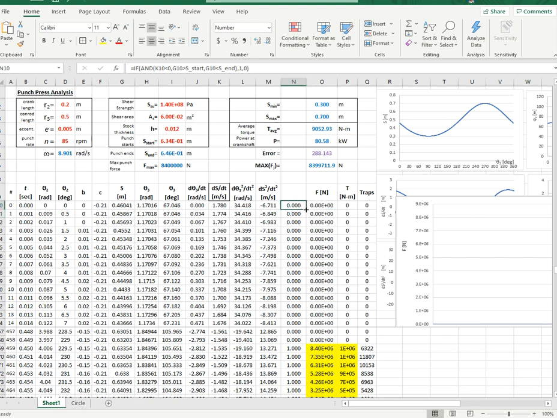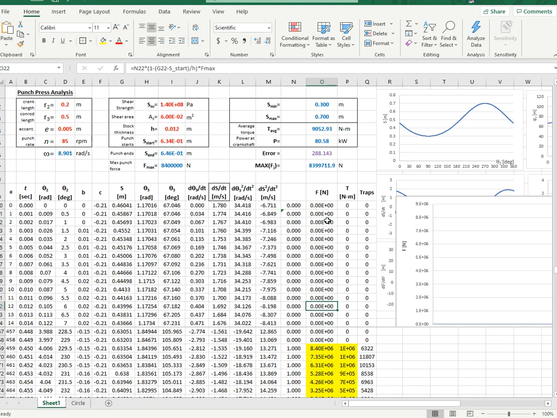Okay, and nothing will change, but it's just to make it a little bit easier to comprehend and more manageable, so it's easier to debug the spreadsheet.